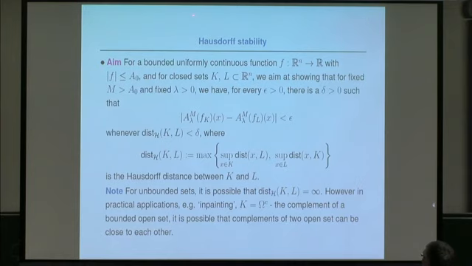Suppose F is bounded uniformly continuous. We just give a priori that suppose F is continuous, what's going on then? At least we can see that as long as the Hausdorff distances are close to each other, then these transforms will be close to each other.